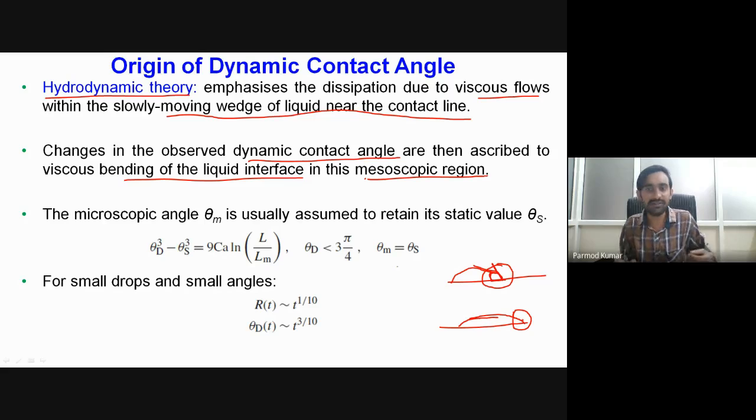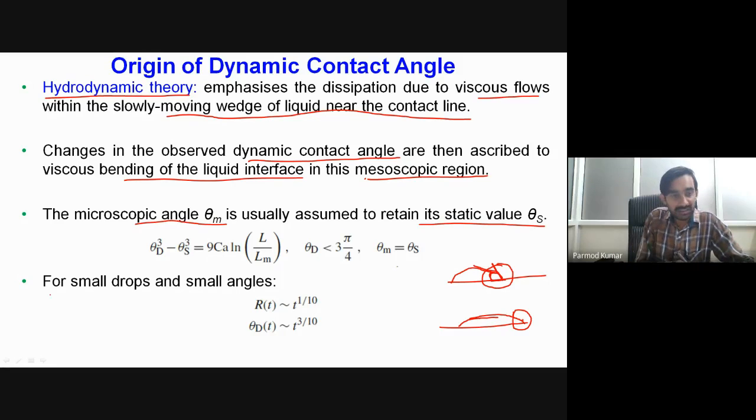Because of that, we consider that there exist two different contact angles. One is the microscopic contact angle, which retains a value identical to the static contact angle of the surface, and the dynamic contact angle we measure is the apparent contact angle at the macroscopic scale.